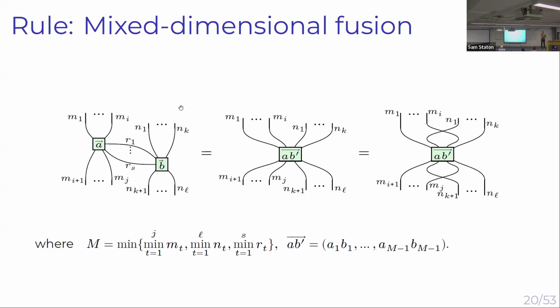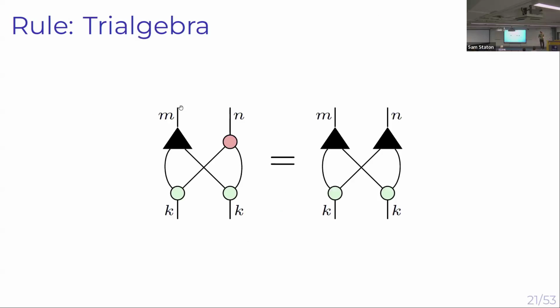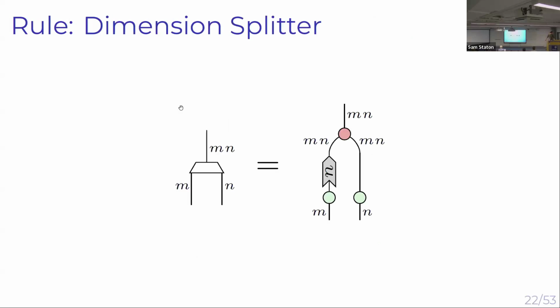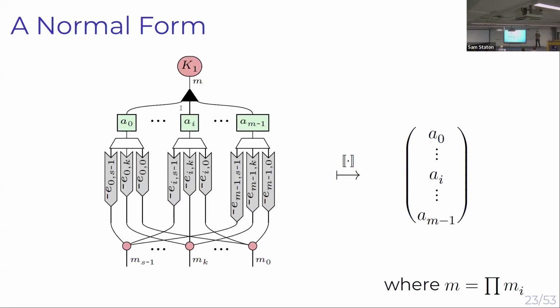We have mixed dimensional fusion, which generalizes the qubit fusion to mixed dimensions. We have the mixed dimensional trialgebra rule. And we also have a rule to relate the dimension splitter to Z and X spiders. And lastly, what we have is a normal form. So if you have any kind of vector you want to represent in the language, then it always has a normal form.